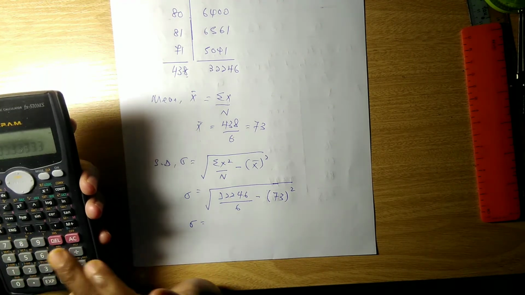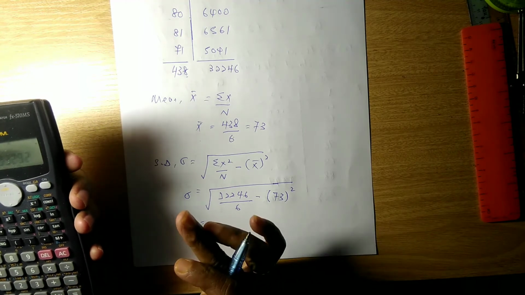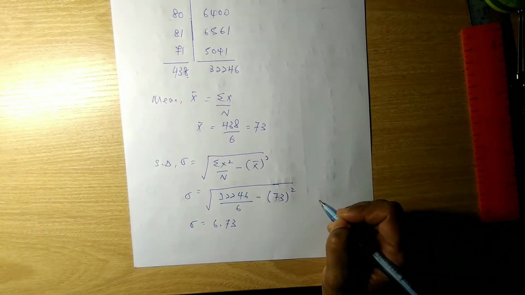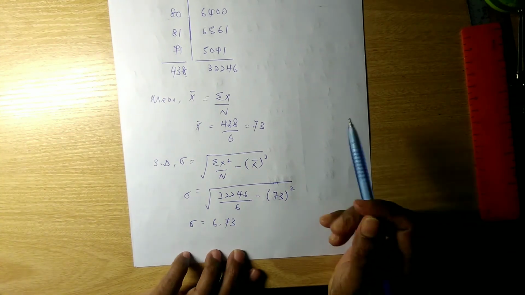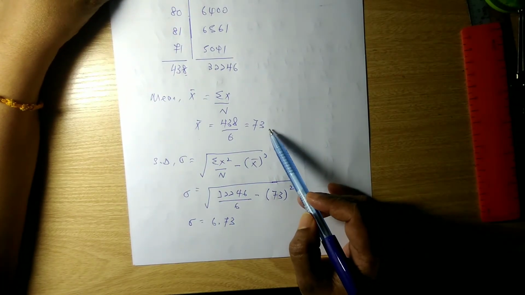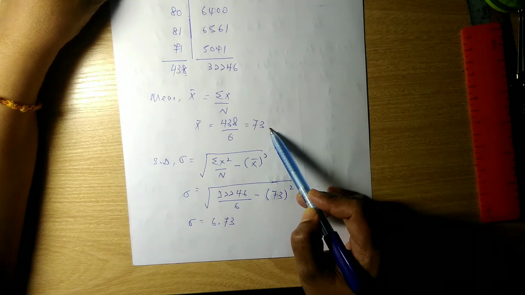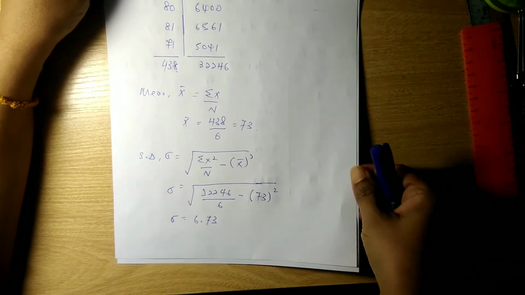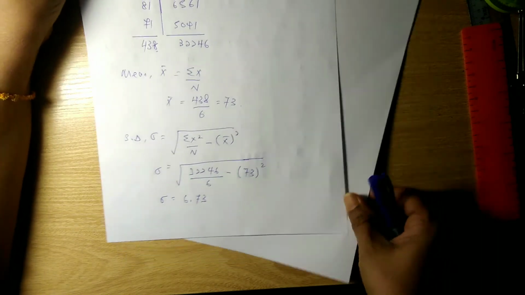Square root the answer, got about 6.73. So both teams got the same mean, but the standard deviation is different. I'll just record this.